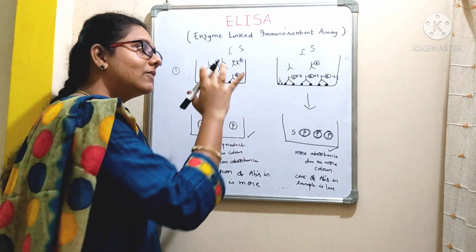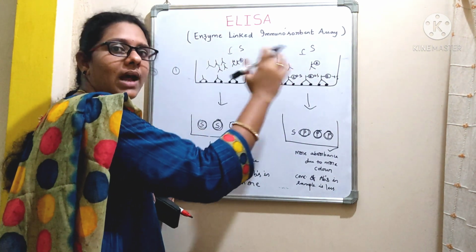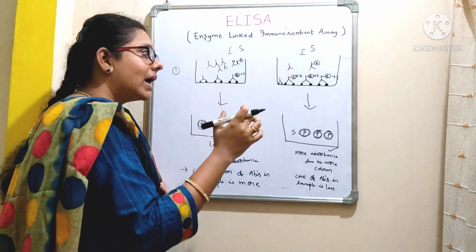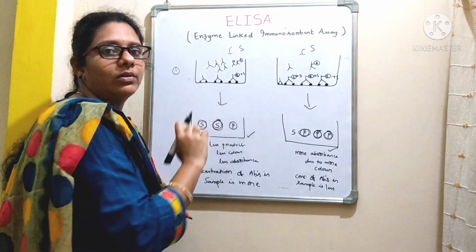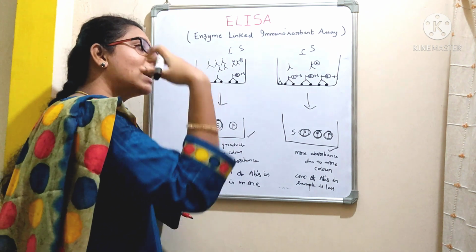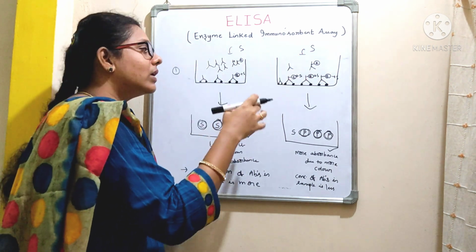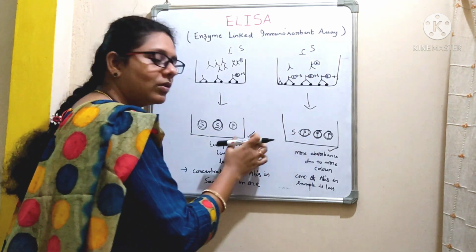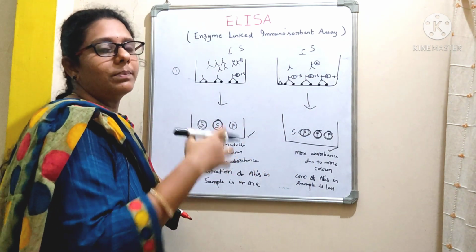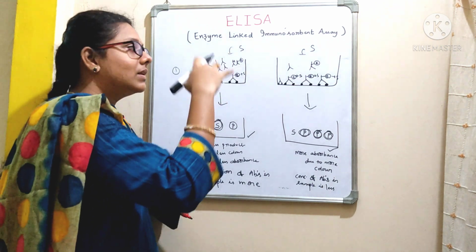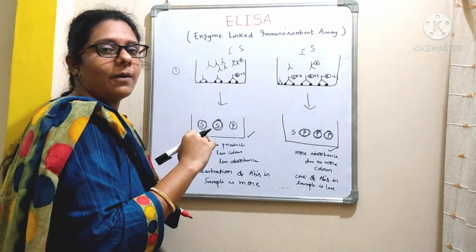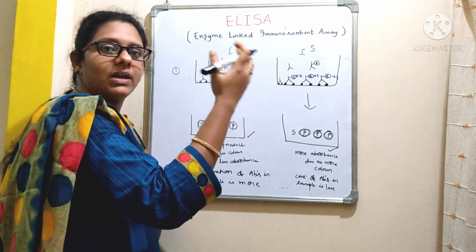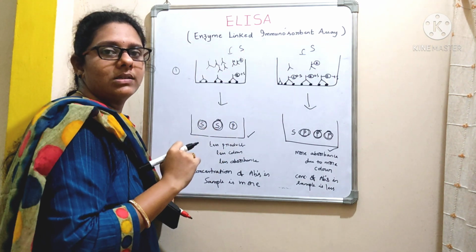That is what I said, there will be a competition between these two antibodies to bind to this antigen that is coated onto the wells. So the one which has more concentration is going to bind with the antigen, and based on that color product only we can determine whether the concentration of the antibody that is present in the sera is high or the concentration of the antibodies that are conjugated with the enzyme is high.